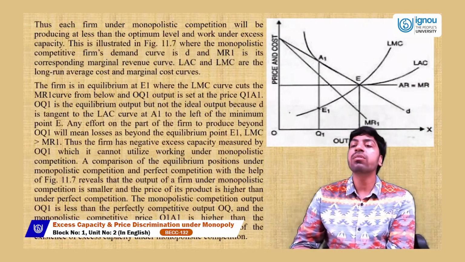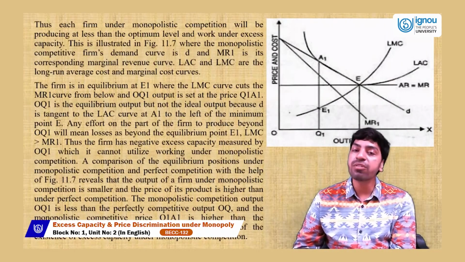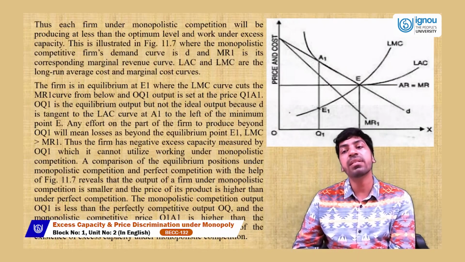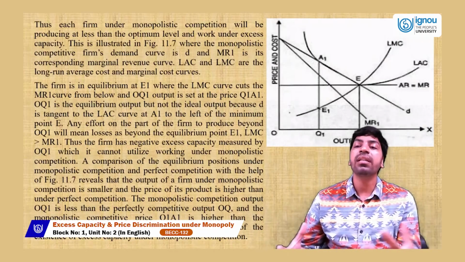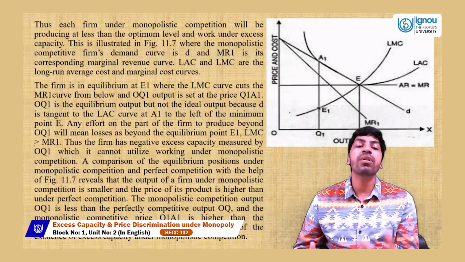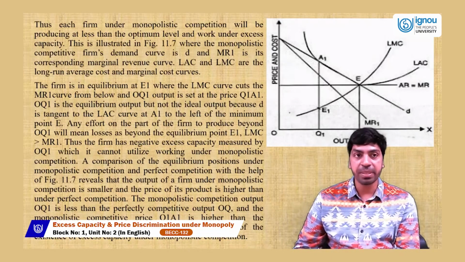This is also a case where the demand curve, the marginal revenue curve and the average revenue, which is equal to price, shift, and that is explained using the concept of excess capacity under monopolistic competition.